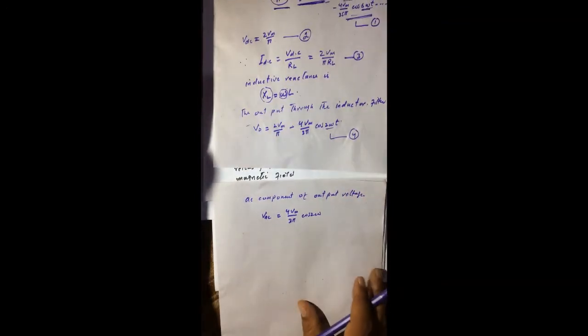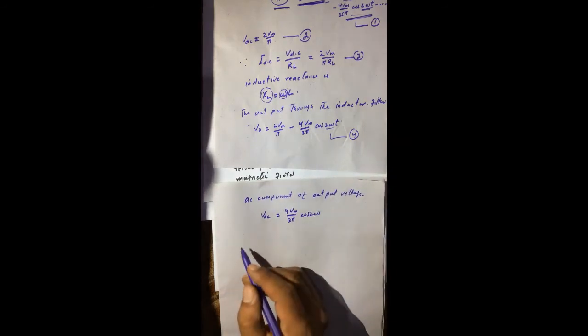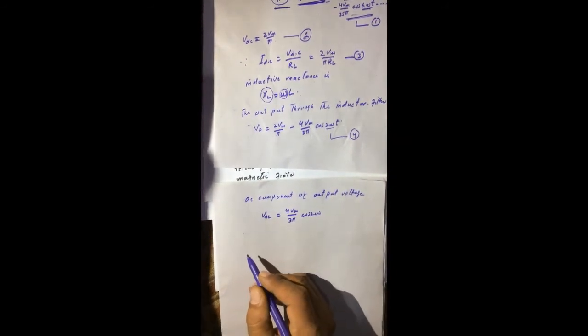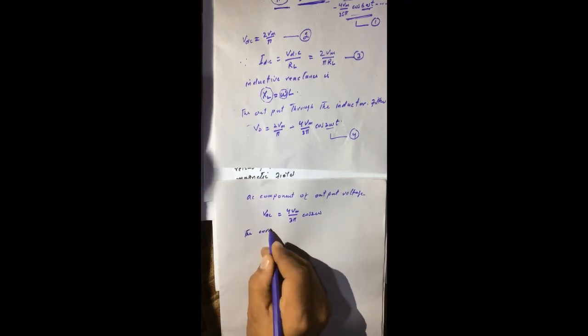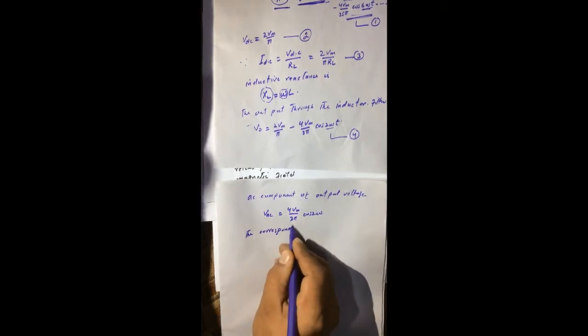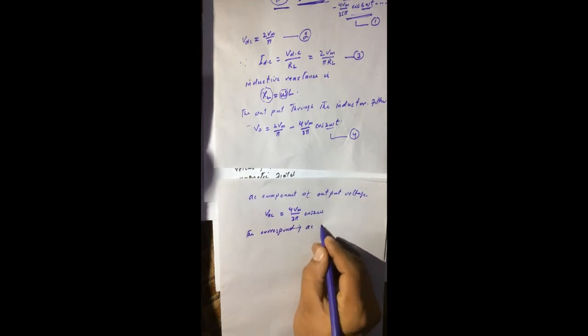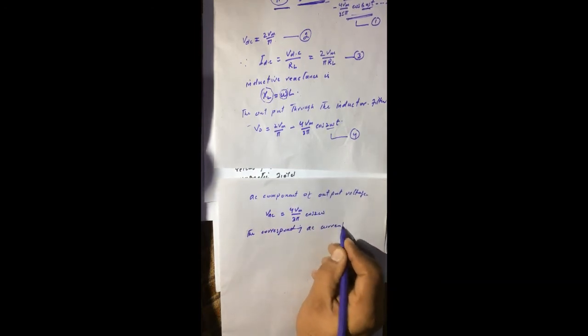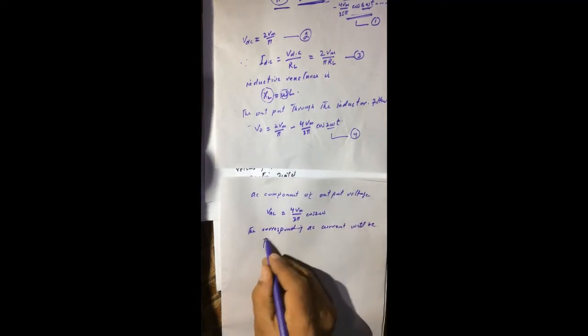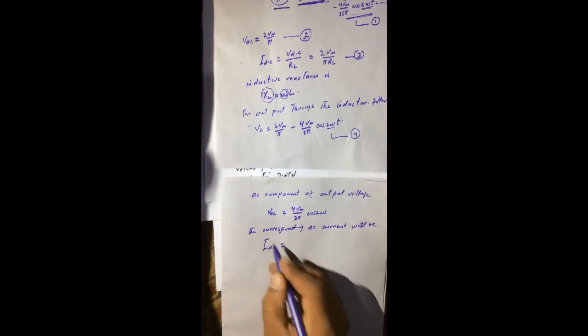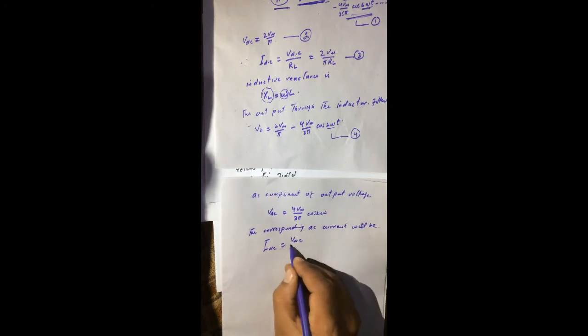Now the corresponding AC current will be IAC, which is the AC voltage divided by the resistance.